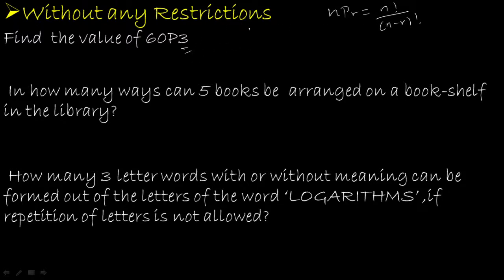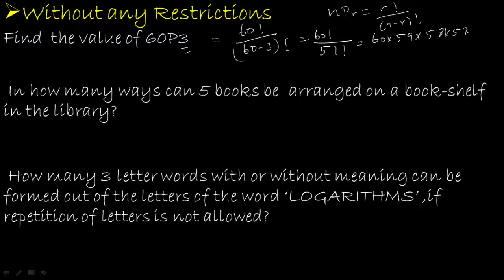Simplifying this, you get 60 factorial over (60 minus 3) factorial, that is 60 factorial divided by 57 factorial. So, you have to expand the 60 factorial up to 57, that is enough: 60 times 59 times 58 times 57 factorial over 57 factorial.